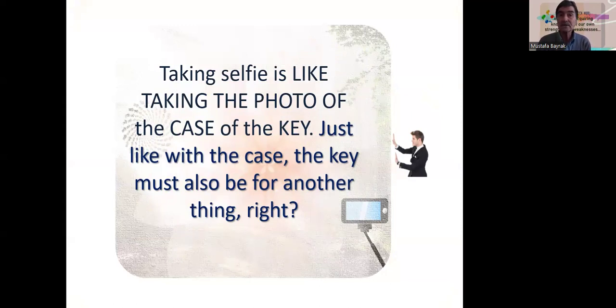Just like the case, the key must also be for another thing, right? This is also a right opinion. Just as the case is for the key, the key must be for something else, which is extremely valuable.